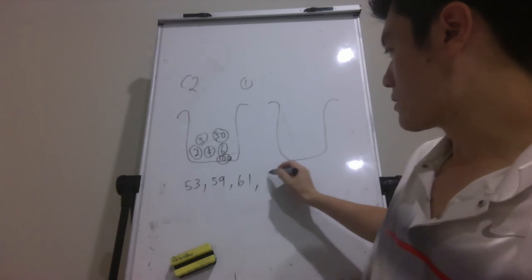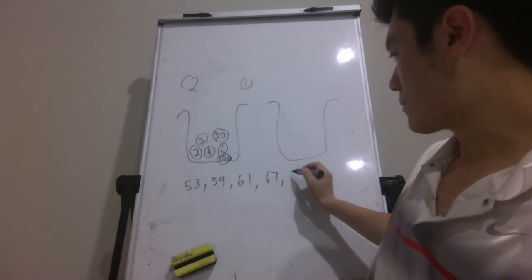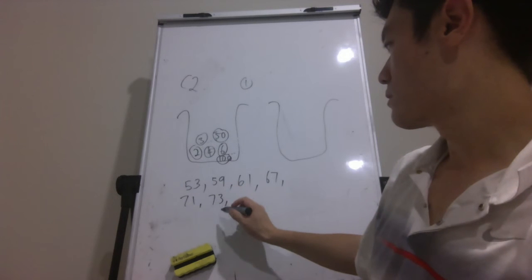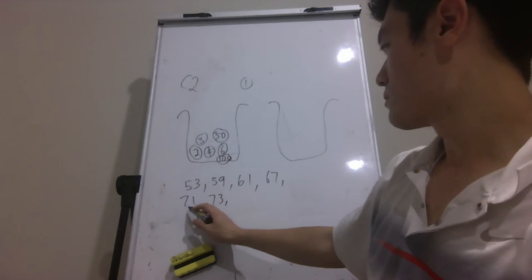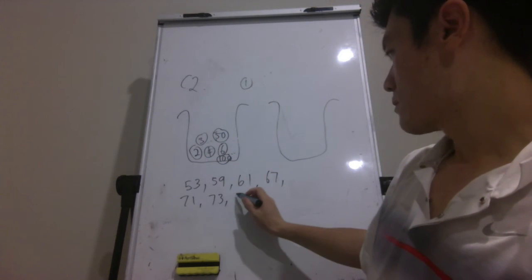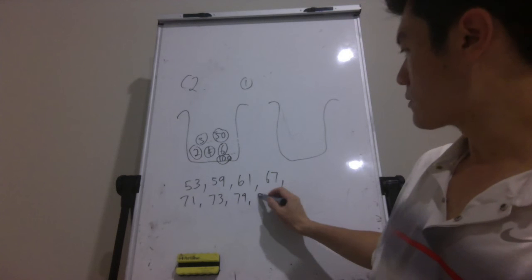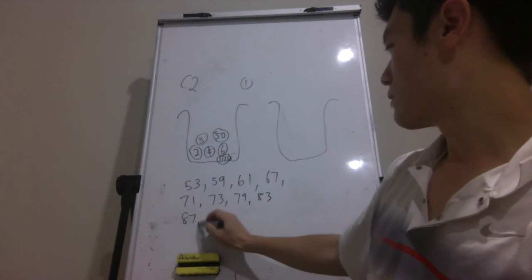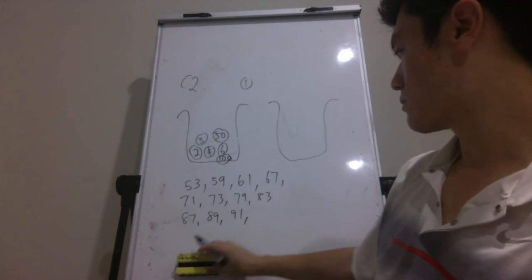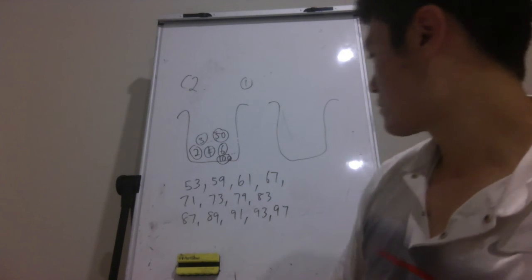Yeah, 63 is not prime, 65, 67, 69 is not prime, 71, 73, maybe that's not prime either. So 77, 79, 81 is not prime, 83, 87, 89, 91 doesn't sound prime, but it could, we should check. 93, 97. Yep.